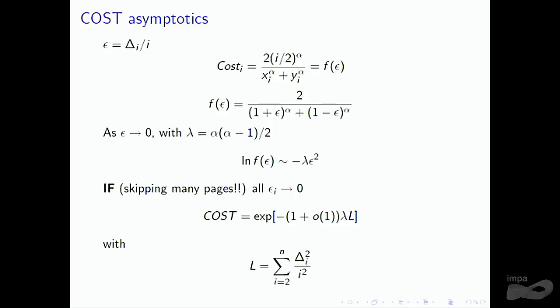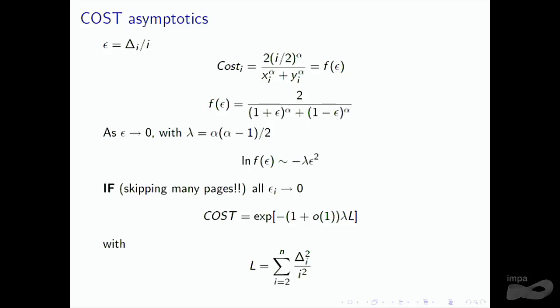Okay, I mean, you're going to get something. That's what you get. All right, now we're going to hand wave and just think of using this approximation, and then we're just going to multiply all these costs together. So we'll replace the cost by e to the minus lambda epsilon squared, and then what we get is minus lambda, and then we're summing the epsilon squares.